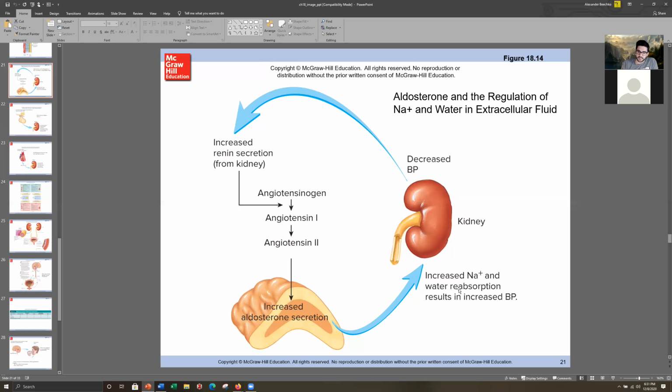So if the concentration of blood changes, or if blood pressure drops or raises, then we have all these hormonal pathways that kick into effect to help make sure that we have a normal blood pressure, and that we can get rid of water or get rid of salts if we need to, or reclaim them if we need to. So if we need to reclaim a lot of salt, then we can do so, and simultaneously we can reclaim more water to help increase blood pressure, okay?